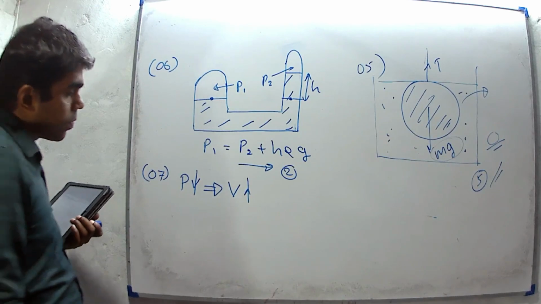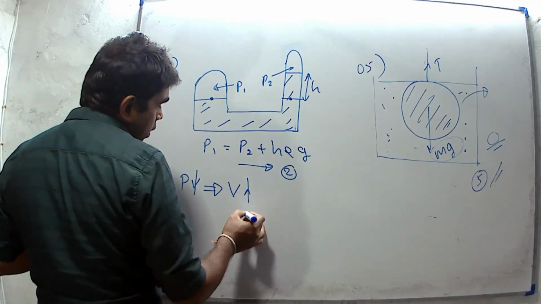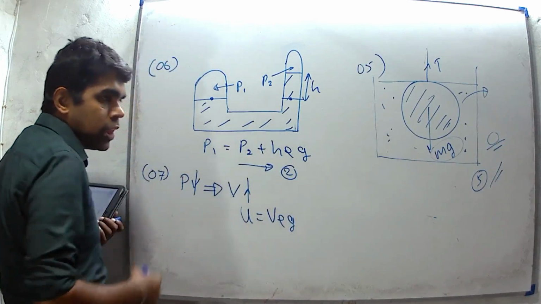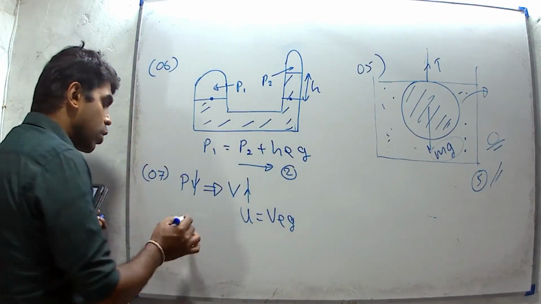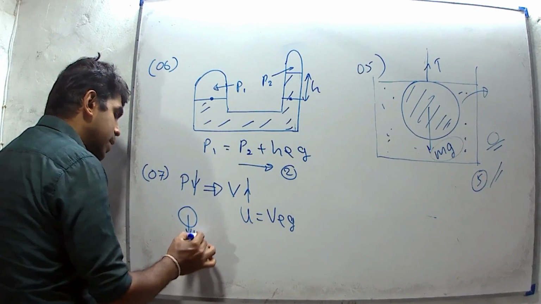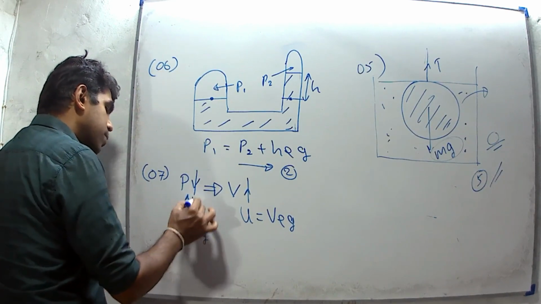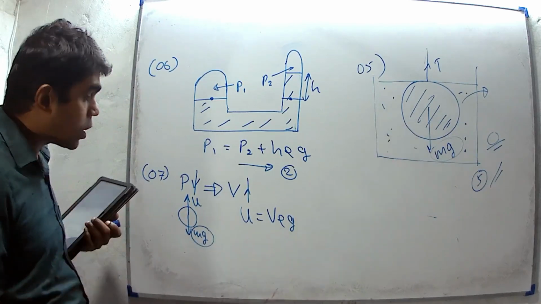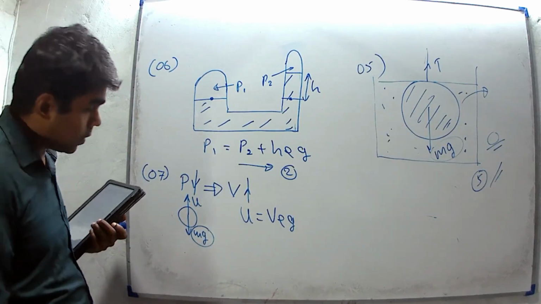Therefore, upthrust equals V rho g. The mass of the air bubble is constant. There are two forces on the air bubble, weight and upthrust. Weight is constant, as the trapped air mass is constant for the whole motion.